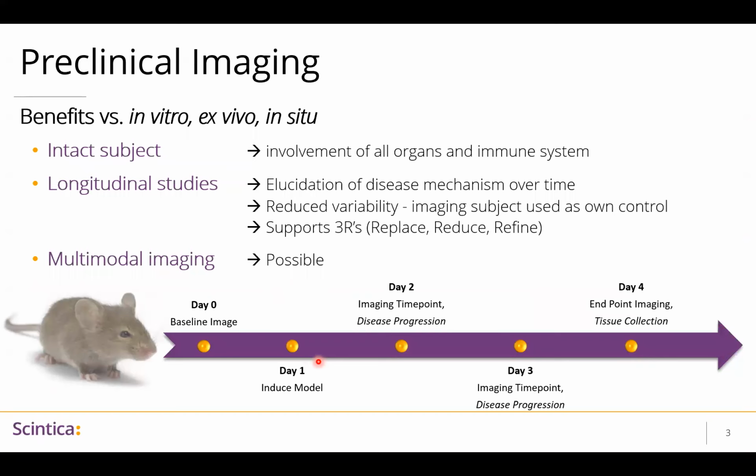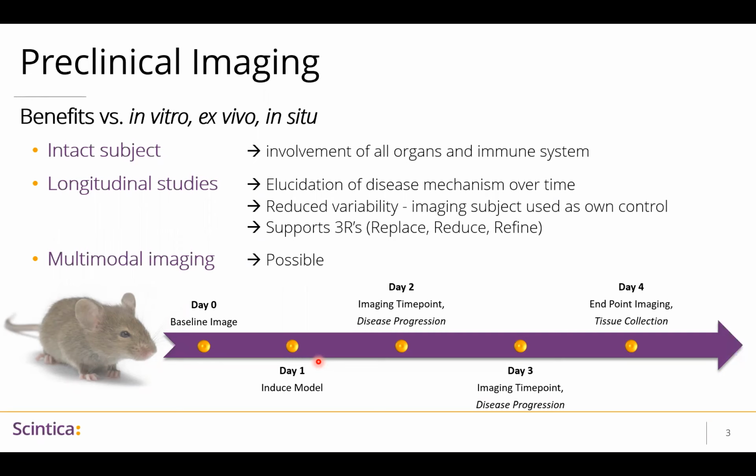So now that we understand preclinical imaging, what are the benefits of preclinical imaging versus in vitro, ex vivo, or in situ studies? Of course, with preclinical imaging, we're using an intact subject. So we're able to study the disease process with the involvement of all the other organs around that disease process. For example, if we're studying a tumor, we can look at the effect on the surrounding organ.